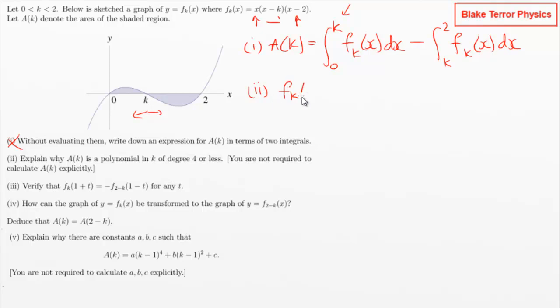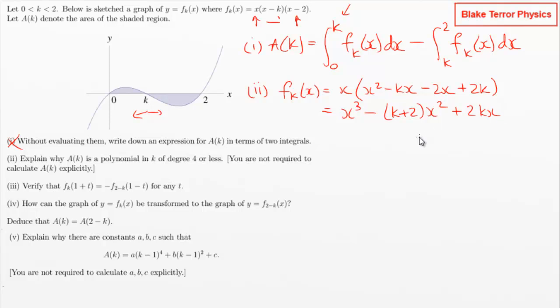So f subscript k of x is going to be x times, I'm just going to do an (x minus k)(x minus 2)... expanded out. Let's just expand it out fully then. So x cubed, then we've got a minus (k plus 2) x squared, and then a plus 2kx.